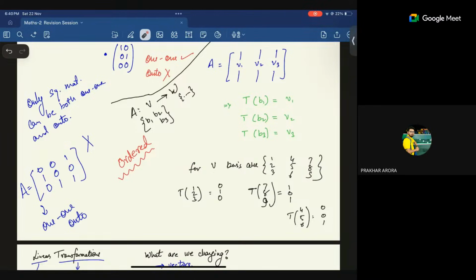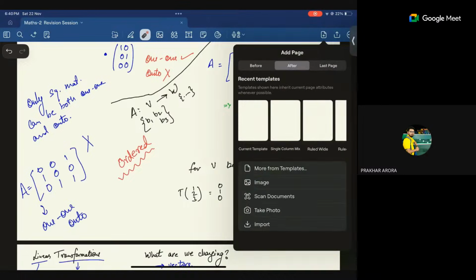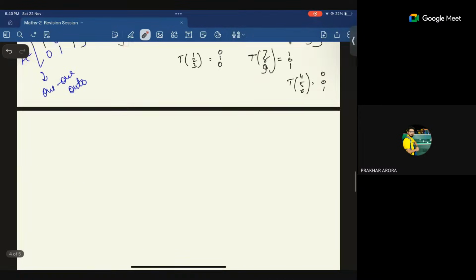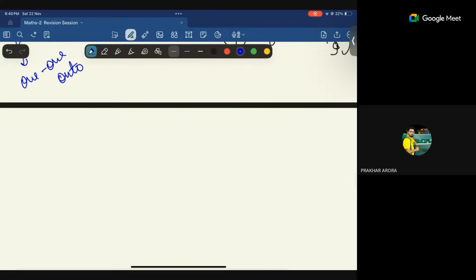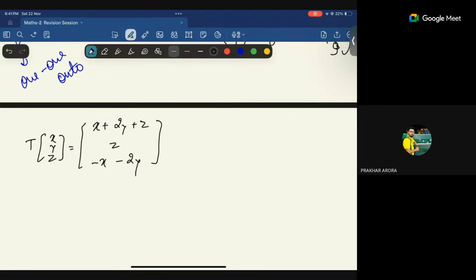Now there is one more way in which they will not tell you the matrix, that is by giving you an explicit transformation. They will say the transformation of x, y, z is equal to x plus 2y plus z, z minus x minus 2y. They will tell you this.